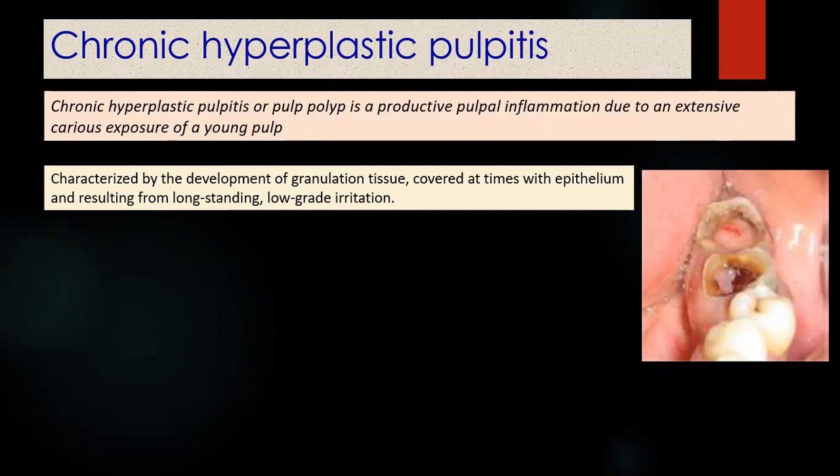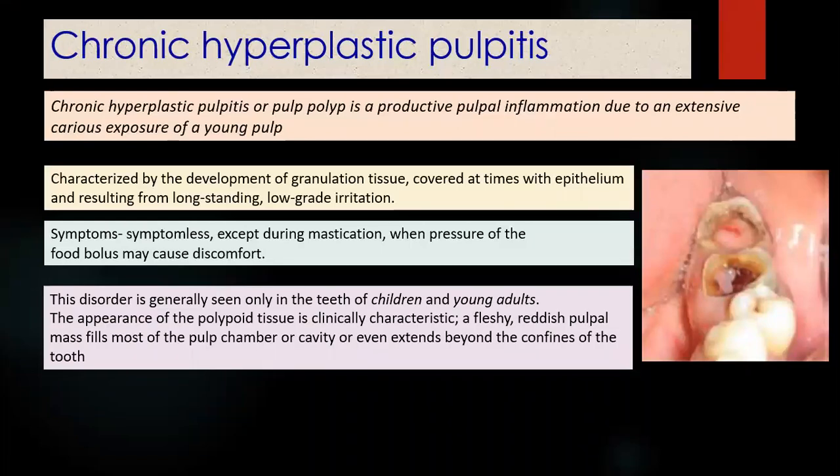The patient may be asymptomatic, and most commonly they have pain when masticating because of the pressure of the opposing cusp on the pulp polyp, and they have extensive caries. This is generally seen in children or young adults, where we see polypoid tissue clinically, as seen here, with a fleshy red pulpal mass that spills out of the pulp chamber and extends beyond the confines of the tooth.